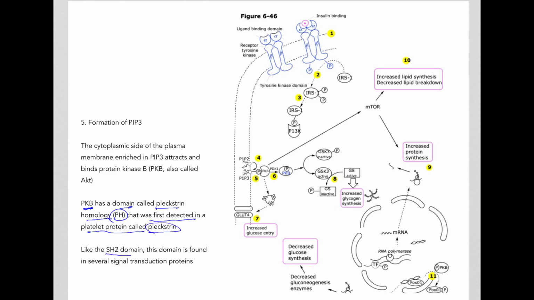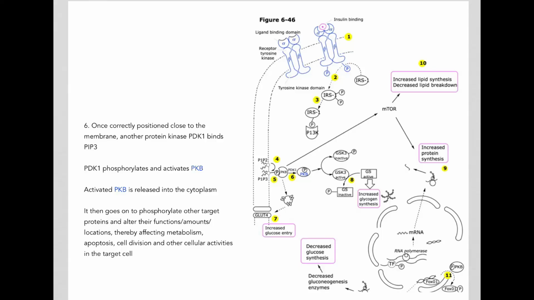Like the SH2 domain, the PH domain is also found in several signal transduction proteins. Now, another protein that gets attracted to this PIP3 on the membrane is the protein kinase called PDK1.